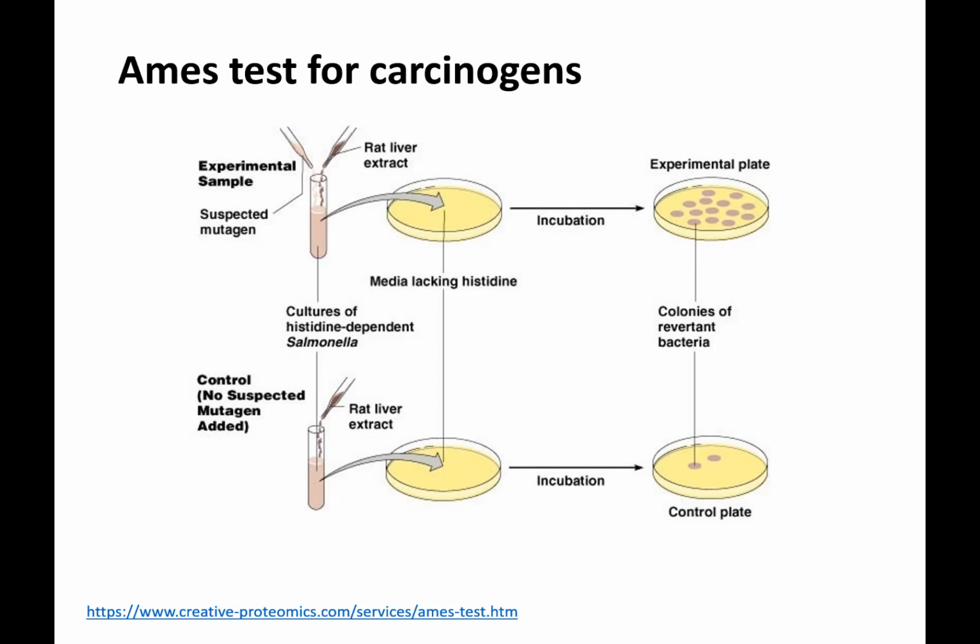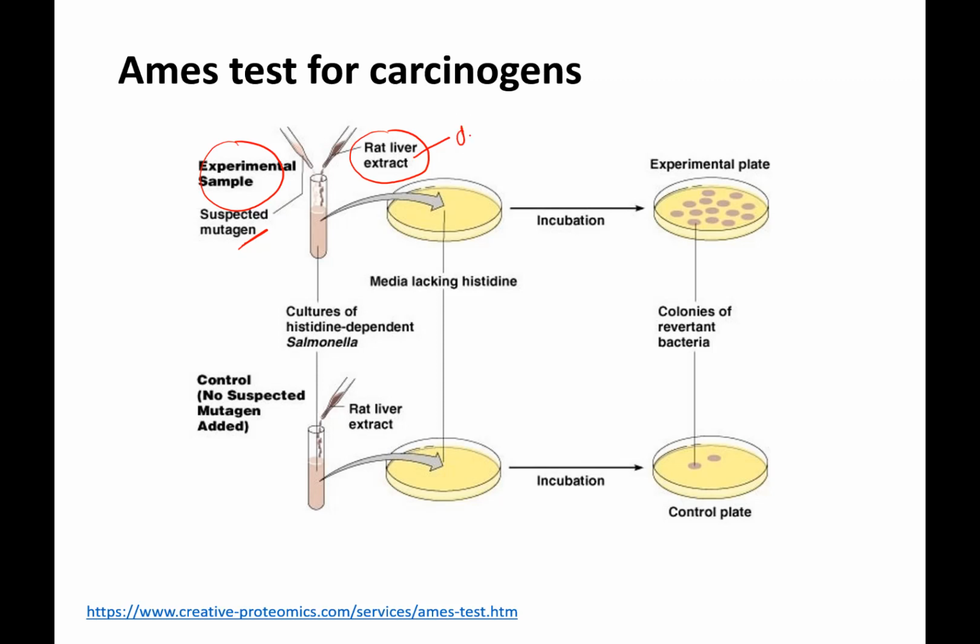And what's really interesting, I think, is that sometimes our detoxification enzymes actually make something more toxic. So one of the ways that we test for carcinogens using the Ames test is you have your sample, something that you suspect is going to be harmful. And you add to it liver extract.